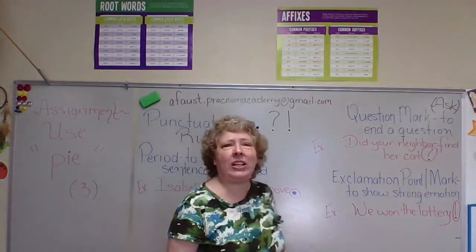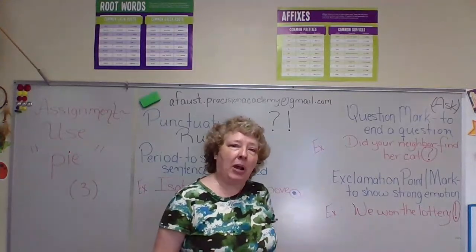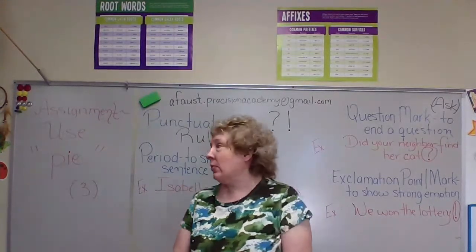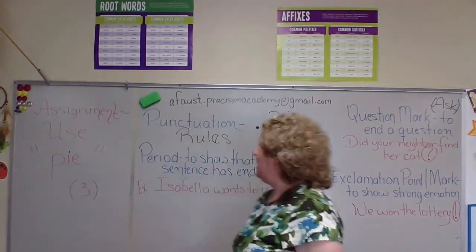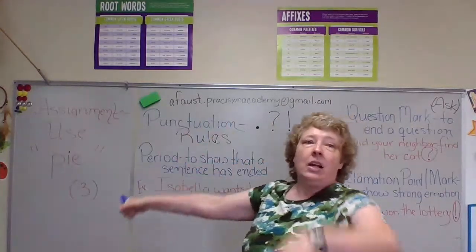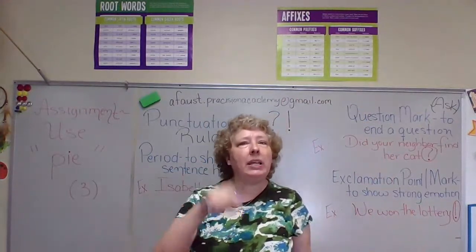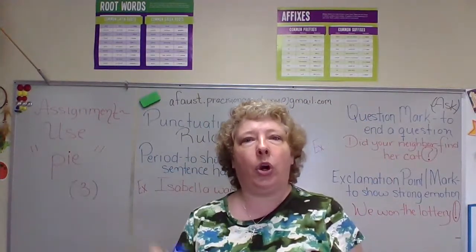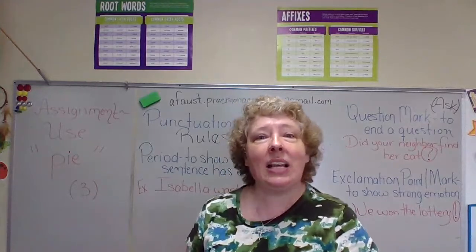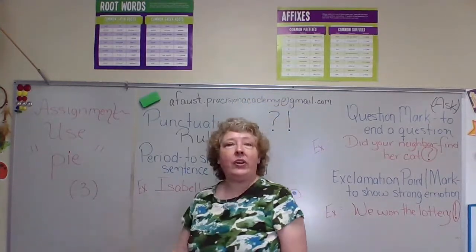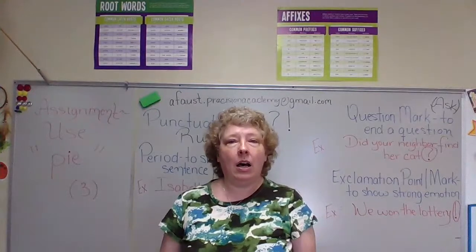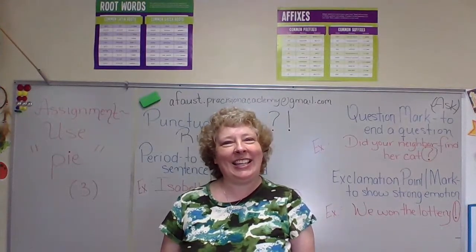And another time, I want you to get excited about pie. So that's what we mean with 3. It's use of period, question mark, exclamation point. And please, underline the word pie for me. Okay, so that's what you're doing. 3 different uses of pie, P-I-E.